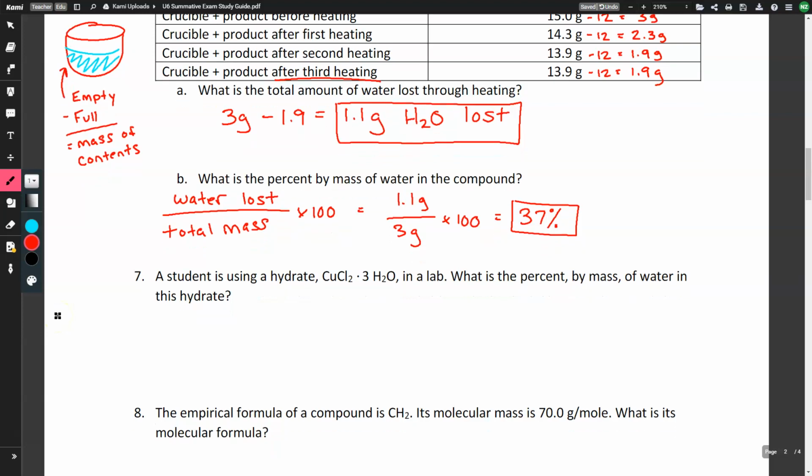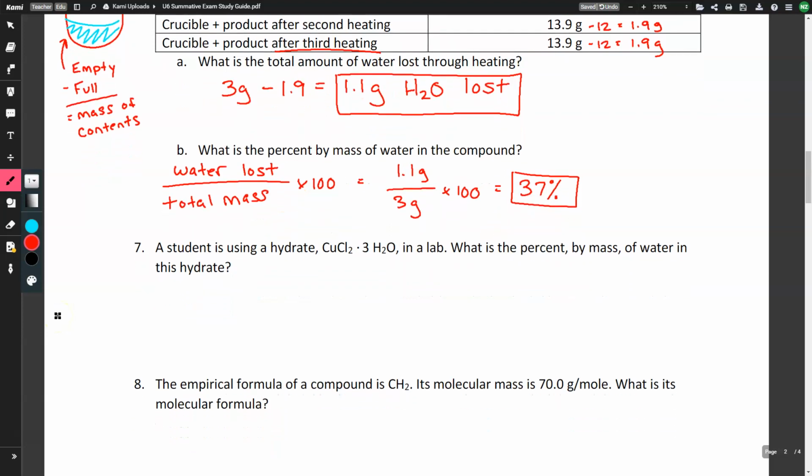A student is using a hydrate. What is the percent by mass of water in the hydrate? So let's start by calculating our molar mass. We've got copper, 63.55 grams. We have chlorine, there's 2 of them, each one is 35.45.